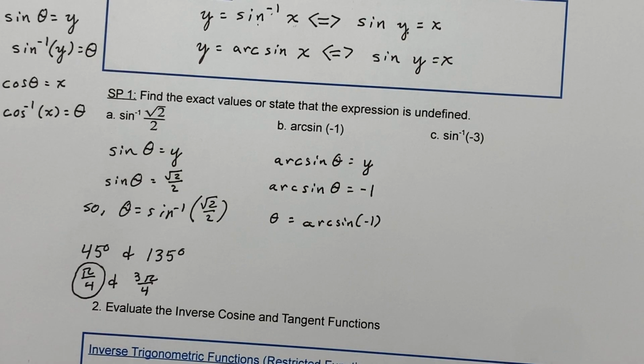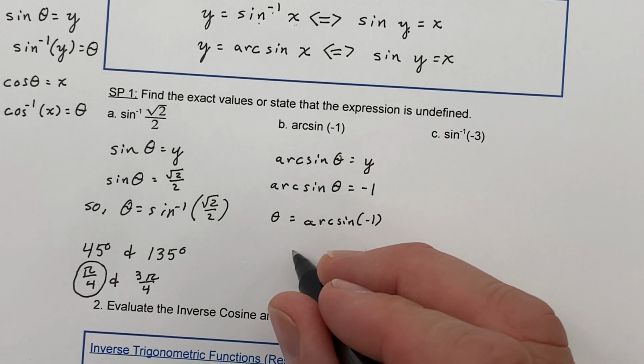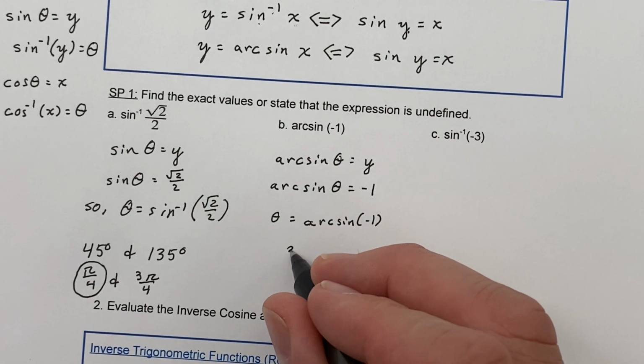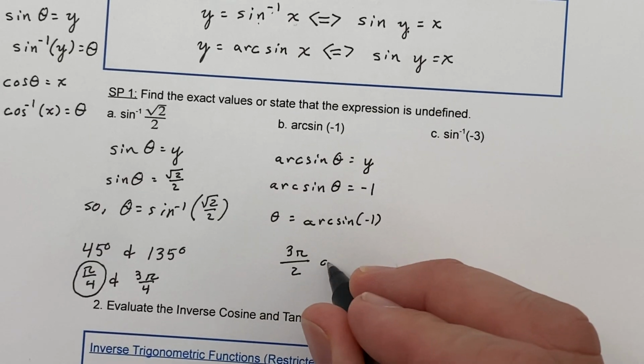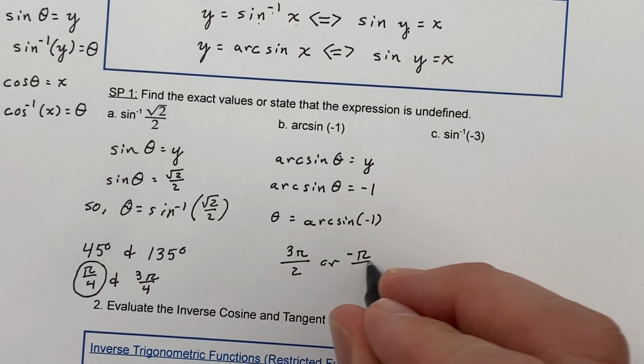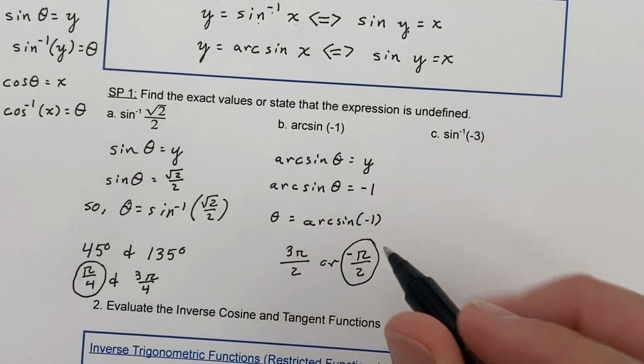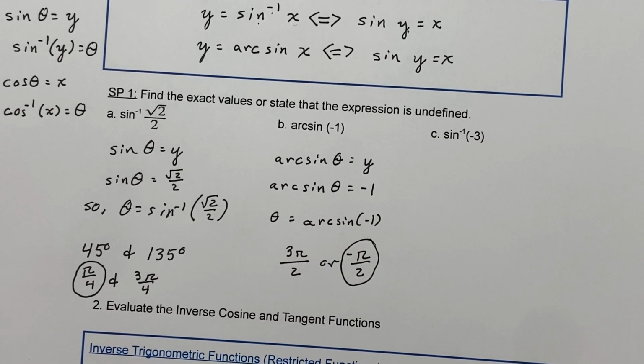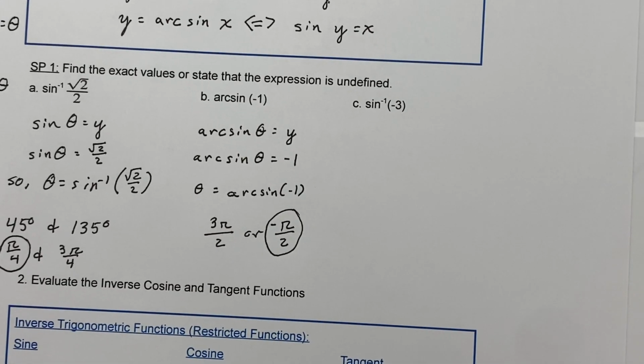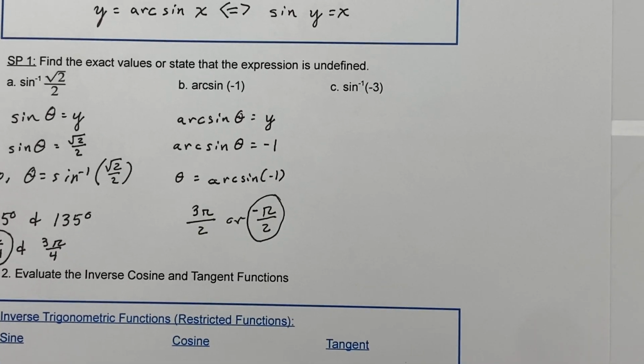Think about -1 being the y value below the x-axis down there at 270 degrees. That would be at 3 pi over 2, which is also negative pi over 2. And we'll talk about why we say negative pi over 2 here in a minute.